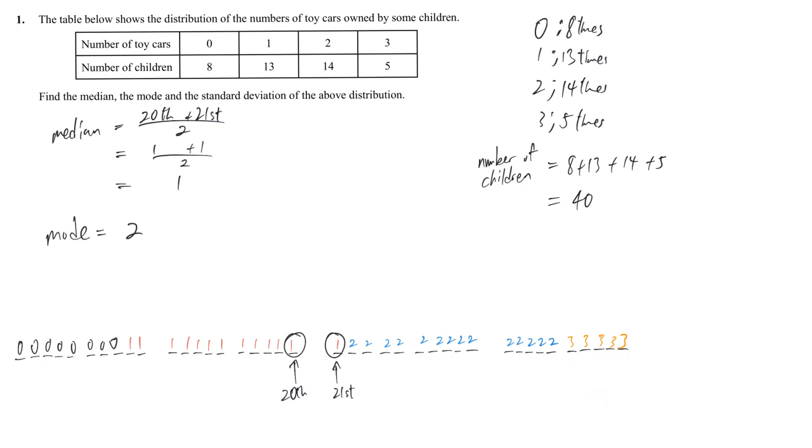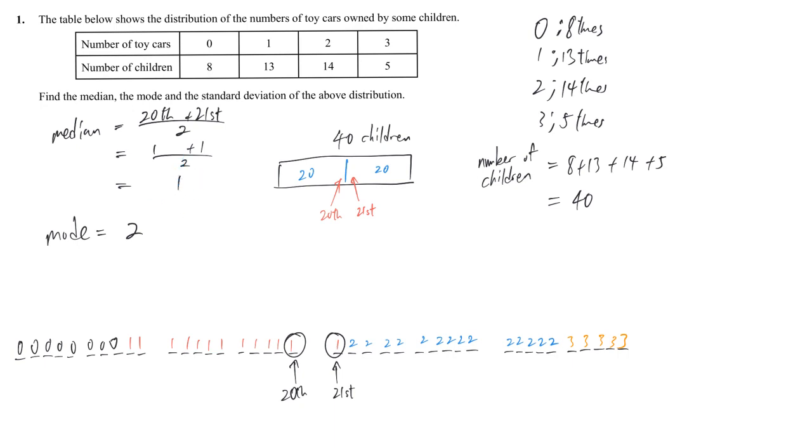Another simplified method is to analyze the data by using a bar. We have 40 children here, so we separate them into halves. 40 divided by 2, then we find 20 data in each half. Because this is an even number, we don't find the exact middle data, which means we use the last one from the first half, which is the 20th, and then the next one, the 21st data value, to get the median.